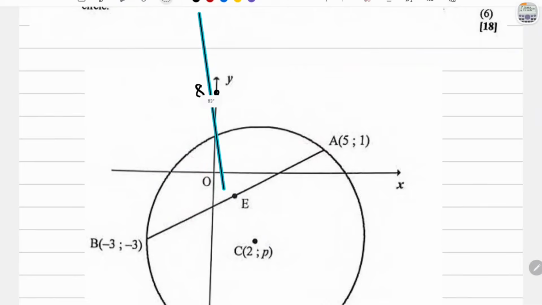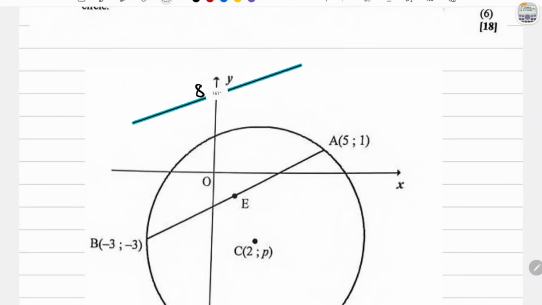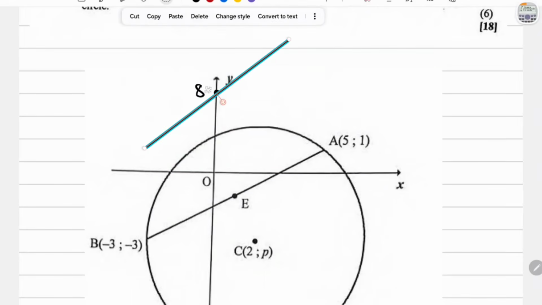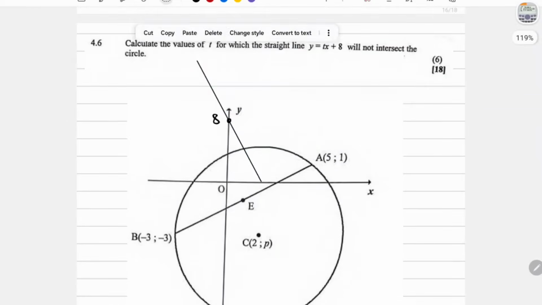But I only like to show this so that you can understand what that t value is doing. It only changes the slope, but the line will forever cut 8. That's really what they're saying. Okay, so I can't really find this because there is not enough data, or maybe I'm not really thinking it through properly. So I'm not going to find it like that.